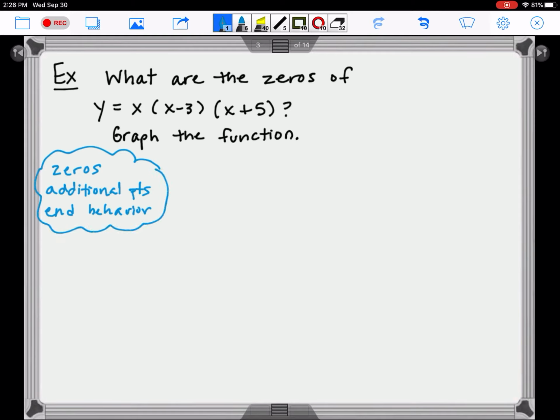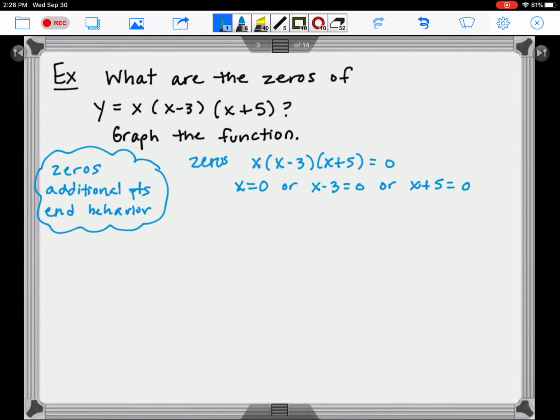Let's find the zeros. I'm going to use the zero product property. If I have x times x minus 3 times x plus 5, I want to know when it equals 0. Well, it equals 0 when x is 0, or x minus 3 is 0, or x plus 5 is 0.